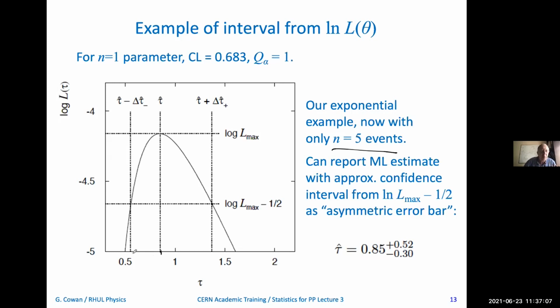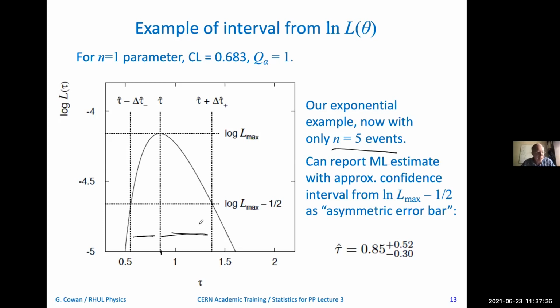And you might report the result of this measurement by giving the MLE plus this amount and then minus this amount. And that would be, in this case, 0.85 plus 0.52 minus 0.30. So that interval is interpreted as a 68.3% confidence level confidence interval.